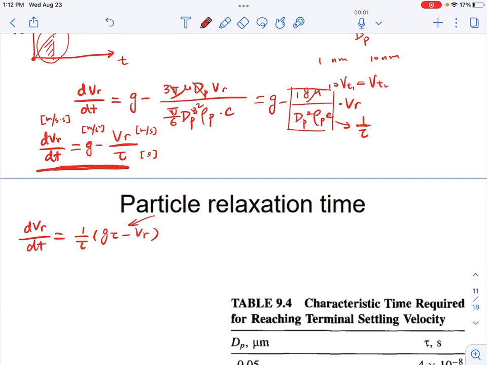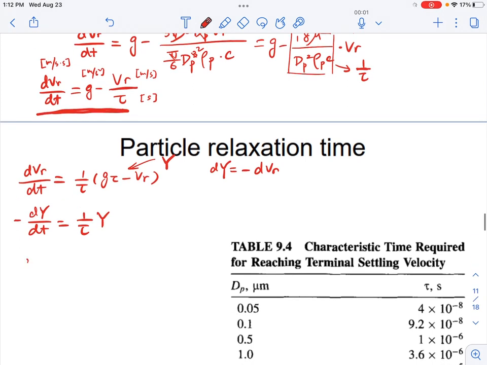So we can further substitute this term as, for example, y. Okay, so we know dy is just going to be minus dVr because g and tau are constants. So you're going to have minus dy/dt equals 1 over tau y. Okay, so now it's getting more simplified.